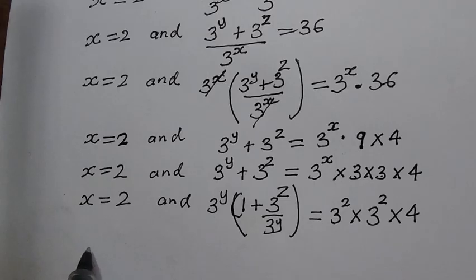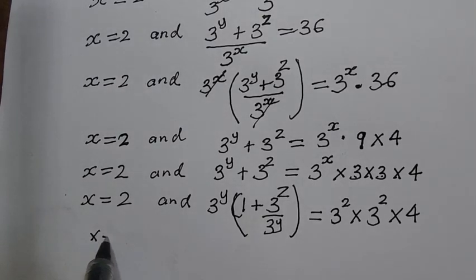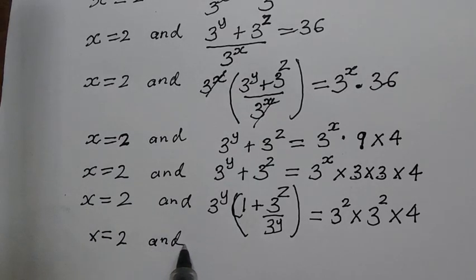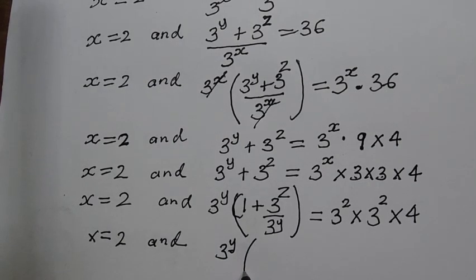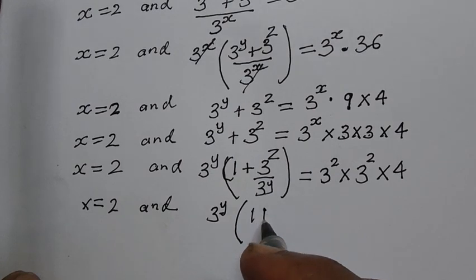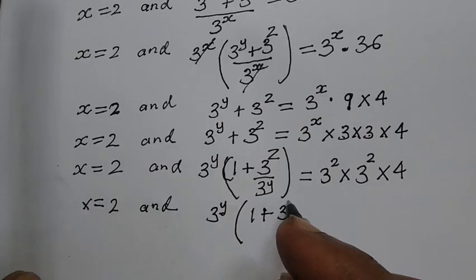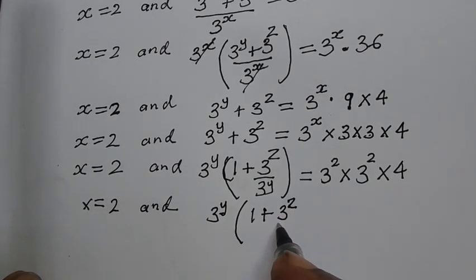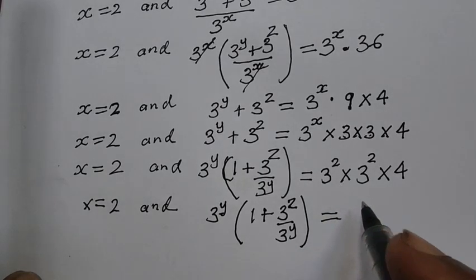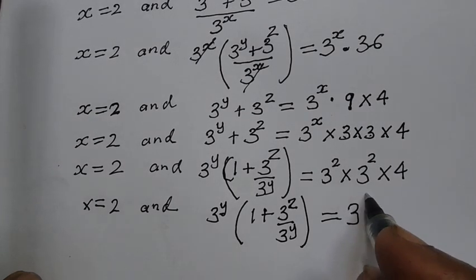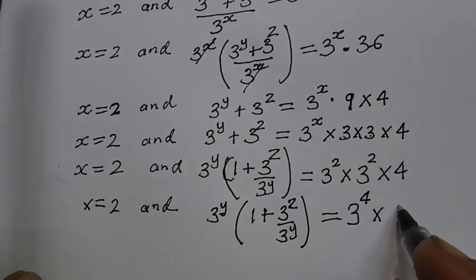So we have x equals 2 and 3 raised to power y in the bracket 1 plus 3 raised to power z over 3 raised to power y in the bracket equals 3 raised to power 4 times 4.